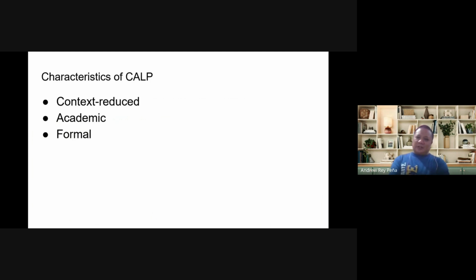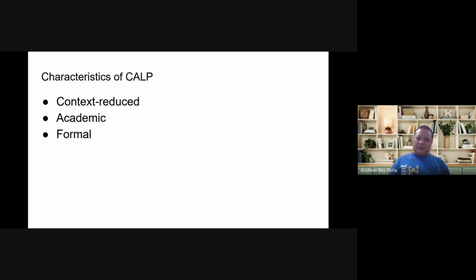Three salient characteristics of CALP is that it is context reduced, meaning those gestures, those changes of voice, those body language and facial expressions, they're not very much present in cognitive academic language proficiency because it has to do with school language.